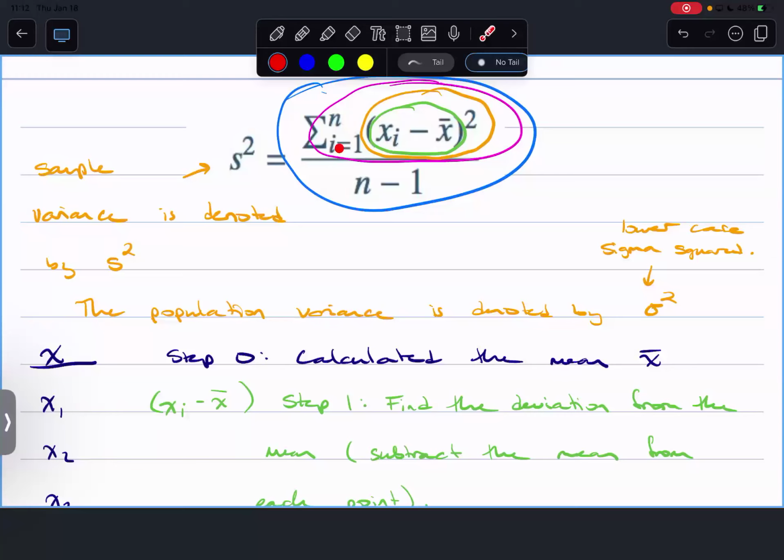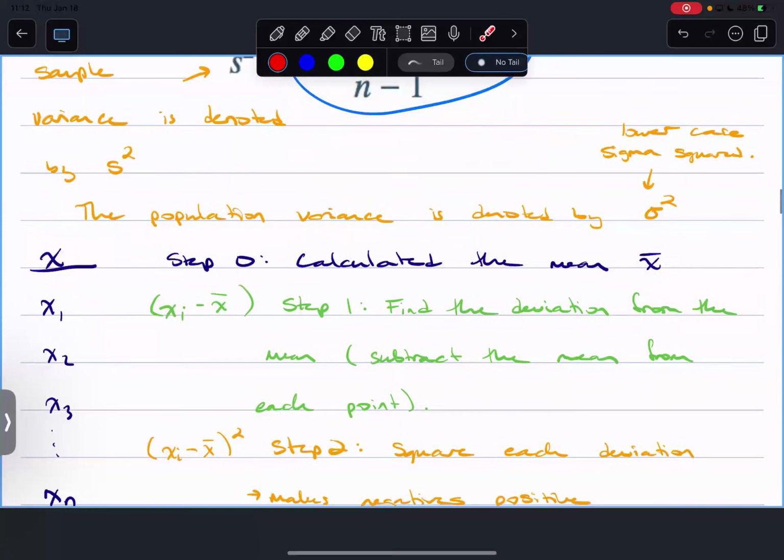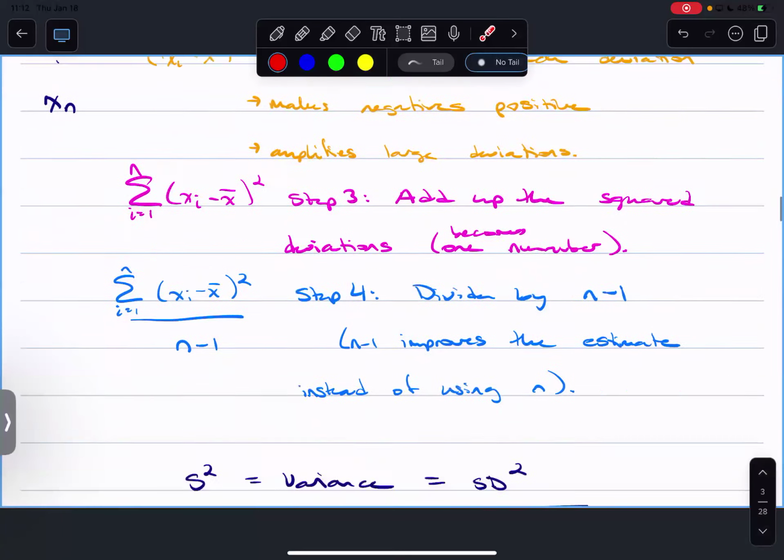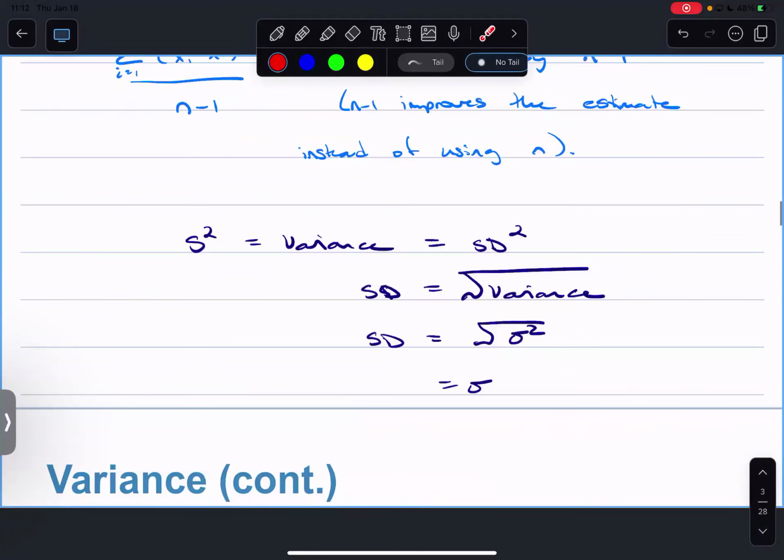And then we add those all up. This becomes one number, right? That number is divided by n minus 1. Okay? And so I kept these notes in here from last day. And just as I remembered, right, I snuck it in at the very end. The variance is s squared, and so the standard deviation is the square root of the variance.